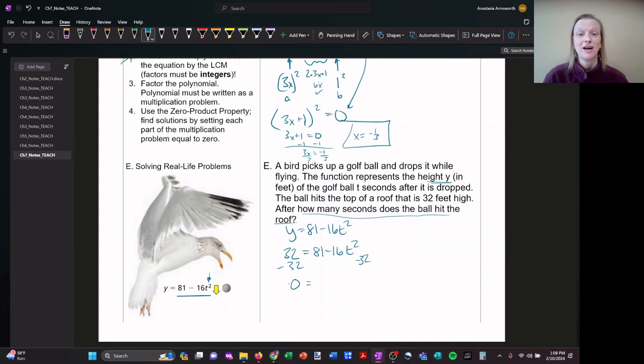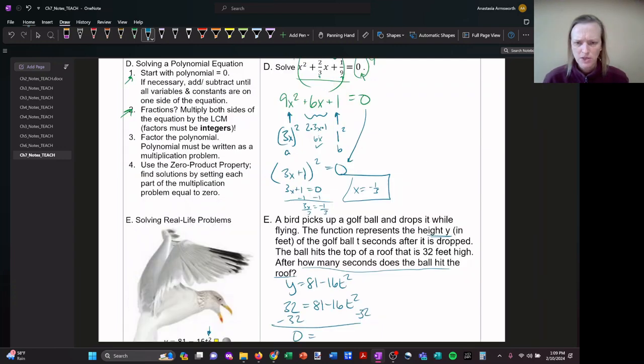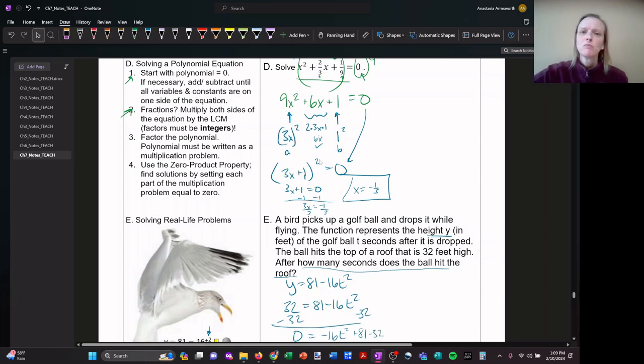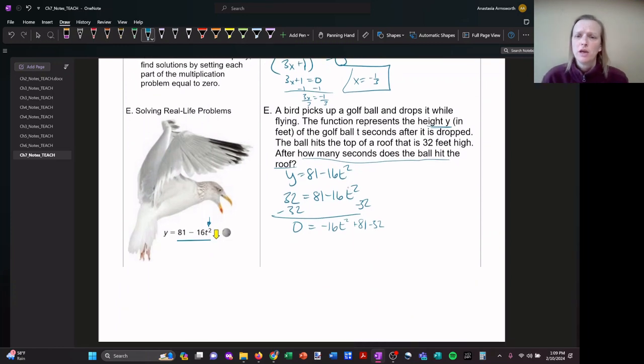Resist the temptation here to divide because when you divide a number by itself, you get 1. And we don't want the number 1, we want the number 0. Let's write this in standard form. Let's write our t squared term first with positive 81 and we're subtracting 32. So if we write this out again, we have negative 16t squared plus 49.